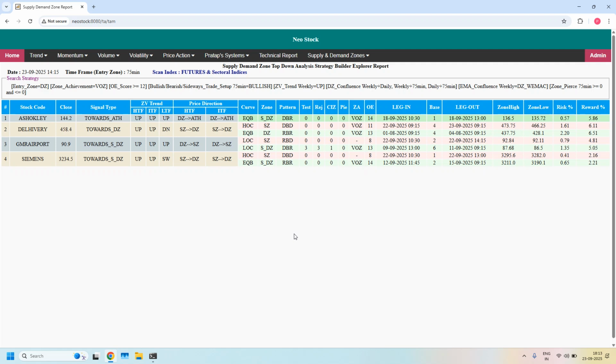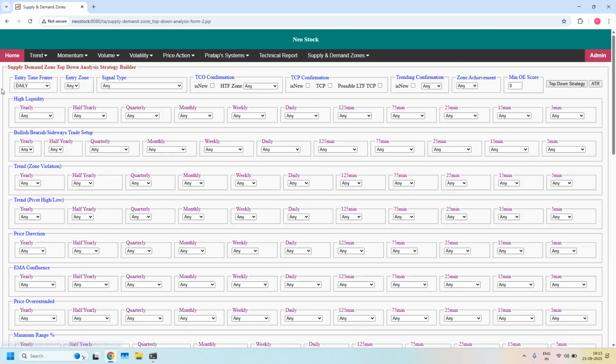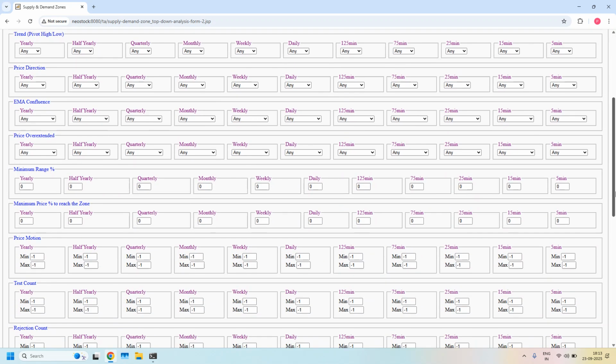weekly income trade. Next, let us generate bearish trade setup for weekly income trade. Entry time frame 75 minutes, entry zone, supply zone, bullish or bearish at 75 minutes. I am selecting bearish. Zone achievement violated opposing zone, minimum odd and enhanced score 12, and also 75 minute supply zone should not be pierced.